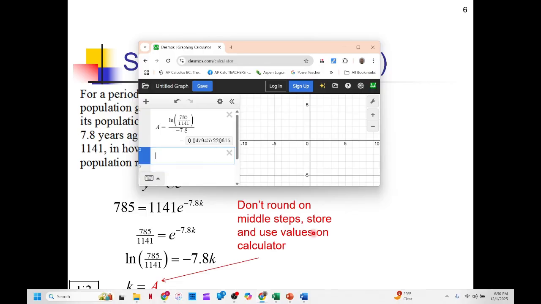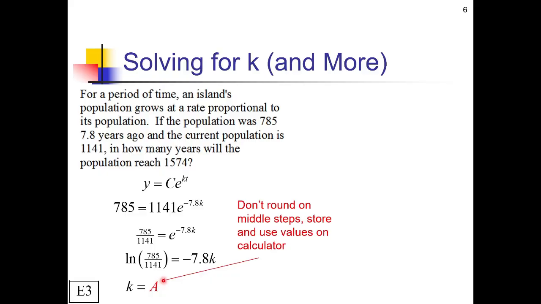So I've got that stored. And I'll just make a note here that it's approximately equal to 0.0479. But again, I'm just rounding this off for cosmetic purposes. I've really got it stored on my calculator. All right, so we found the k value. Pause the video and see if you can take this one the rest of the way and see how many years it takes this population to grow to 1574.